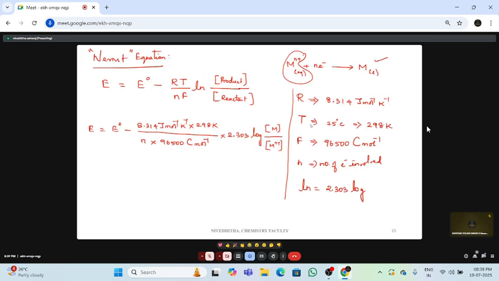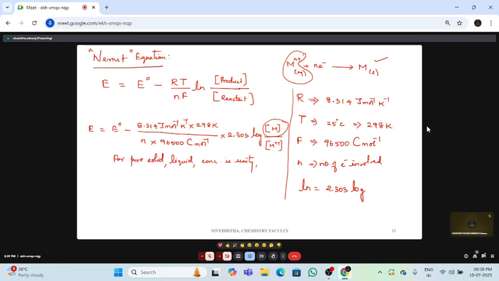For any solid, the concentration is unity. So for a pure solid and for a pure liquid, concentration is unity, which means here this term will be 1, right?